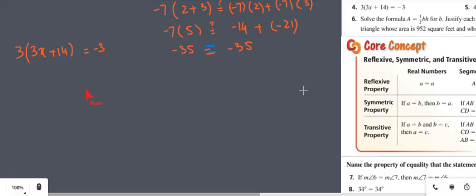Because I studied the distributive property, by applying it I get 3 times 3x plus 3 times 14, that is equal to -3. Which property did I use? The distributive property of addition.